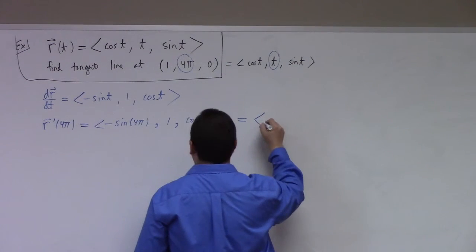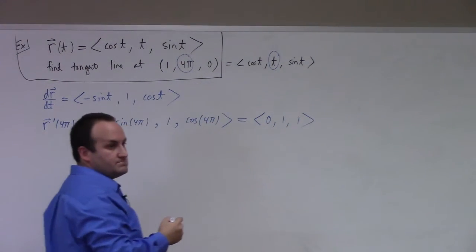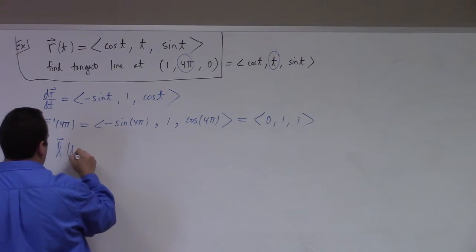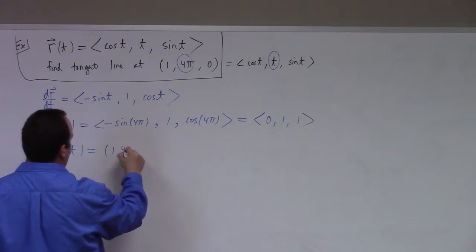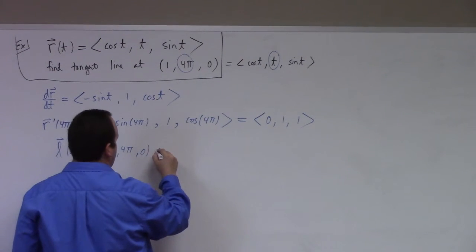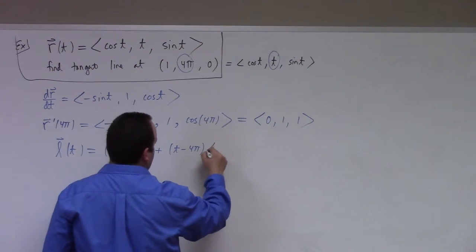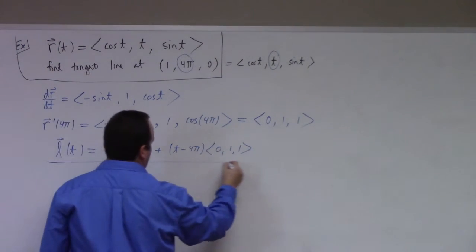Very good. 0, 1, 1 then. And so the tangent line is 1, 4 pi, 0, and I'll sync it up this time, plus t minus 4 pi times 0, 1, 1. There you go.